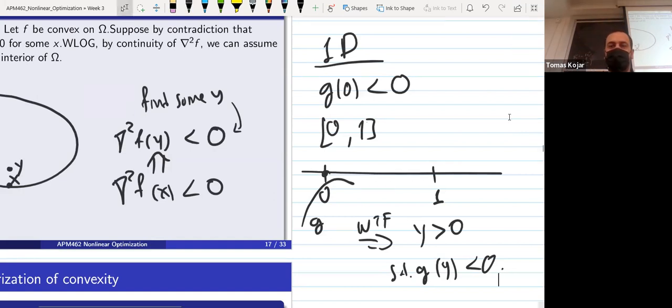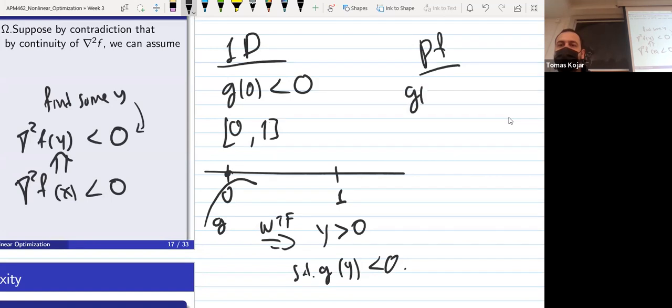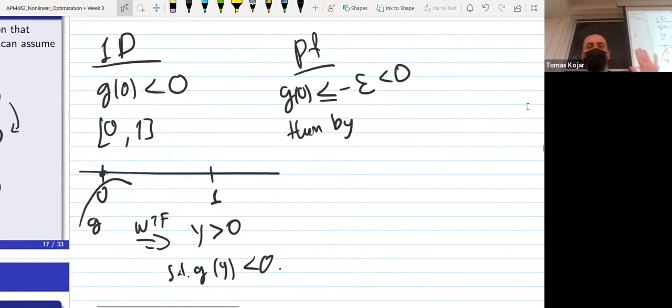Right. So let me spell it out. So g of 0 is less than some number, let's say minus epsilon, for some small epsilon. This is the last time I will do epsilon delta, I promise. You'll never see this argument again.